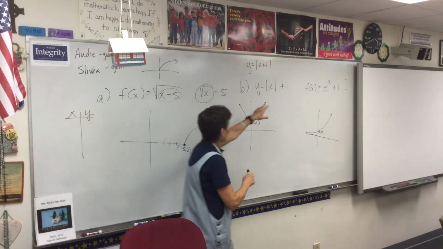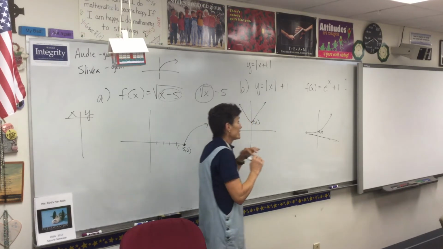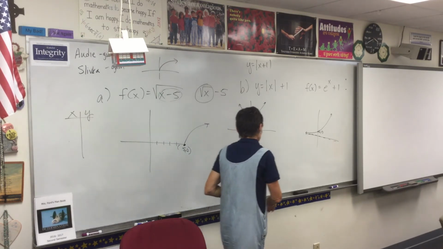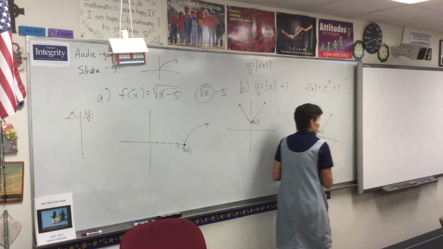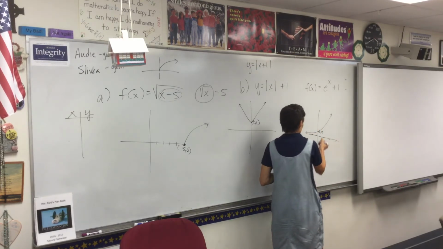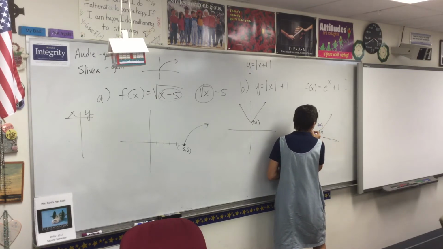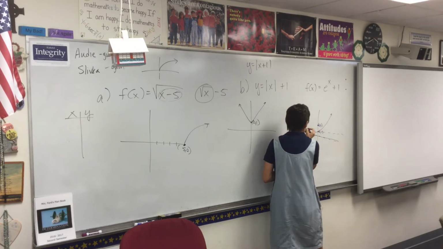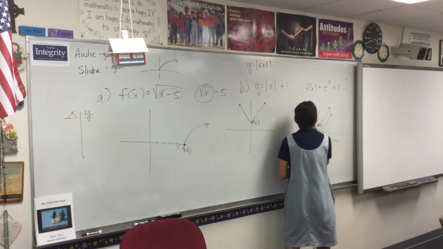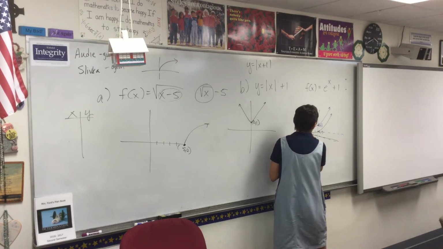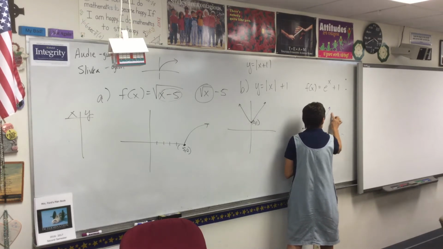I just added the 1 onto the end. And what does adding the 1 onto the end do? It picks it up 1. So now that point is at 0, 2. And this isn't on the axis now, this is at 1. And there it is. So I'll get the black one out of there so it doesn't confuse you.